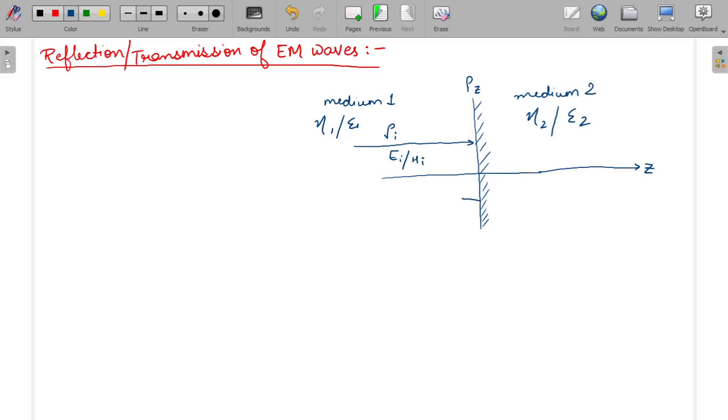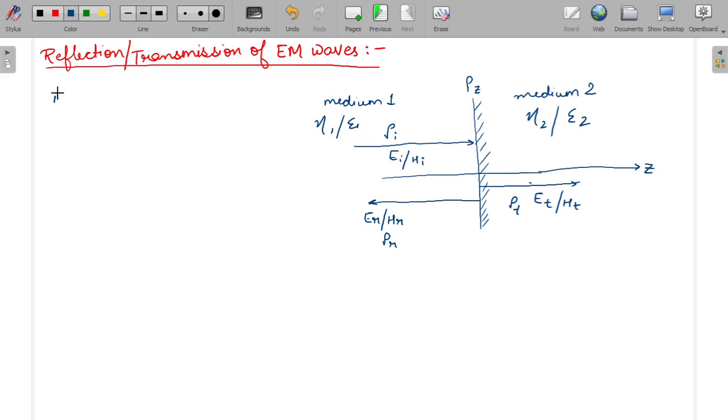Now some part of the incident wave will be reflected back, that is given as ER or HR, that is the reflected wave, denoted as rho R, and some part will be transmitted, that is ET or HT, that is given as rho T. So see what happened, rho I is the incident wave, rho T is the transmitted wave, and rho R is the reflected wave.